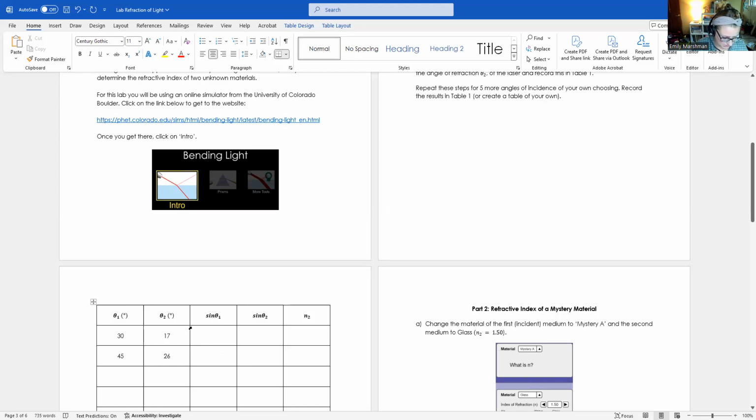Sine of theta 1, 30 degrees, is 0.5. Sine of the second angle, 17 degrees, is 0.29. I'll do that for this row as well.